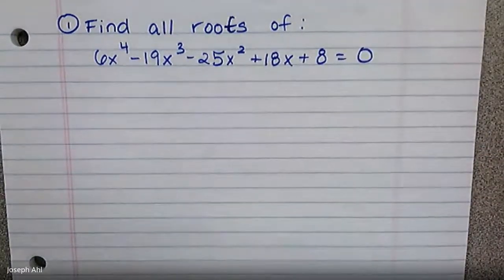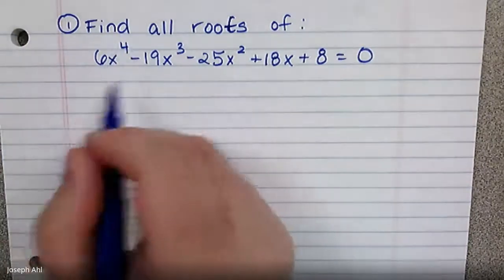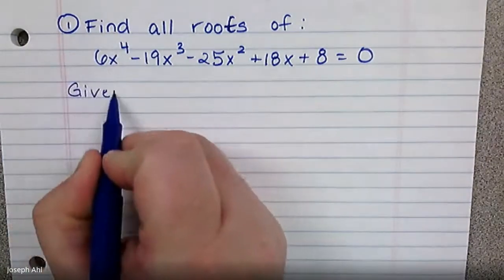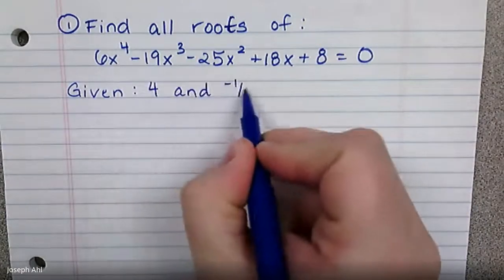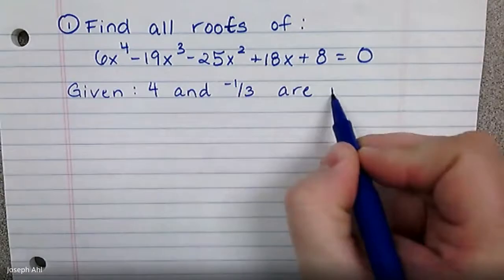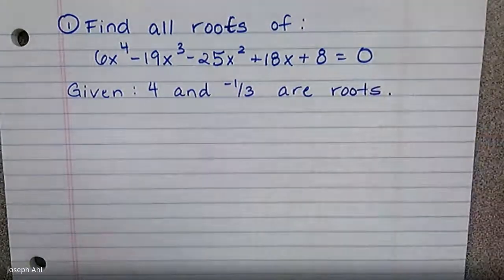Oh my goodness. Okay, we've got a 4th degree polynomial here. I'm going to give you 2 of the roots though. Given 4 and -1/3 are roots.